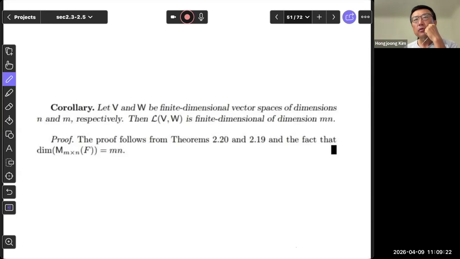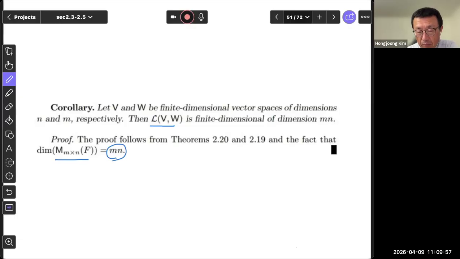Suppose that V is an n-dimensional space and W is an m-dimensional space. Sometimes many students get confused with the dimension of this space. But the dimension of this space is m times n, and we can even construct a basis.